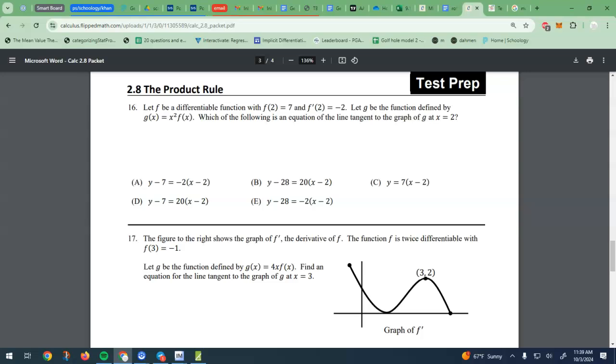And then I can use my information to plug all that stuff in. So f of 2 is right there, that's 7. 2 times 2 is 4. 2 squared gives me 4. And then f prime of 2, they told me that as well, that's -2.